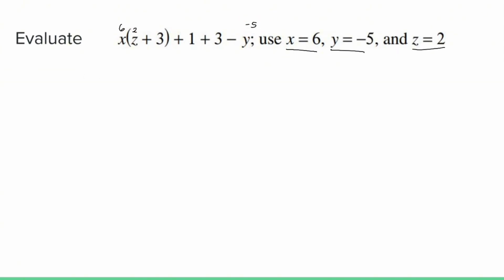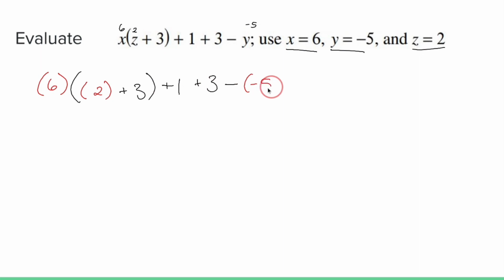Whenever you substitute a number into a variable, you need parentheses. So parentheses 6, okay. That opening parentheses, z, which is 2, plus 3, close parentheses, plus 1, plus 3, minus, and then replace that y with -5.